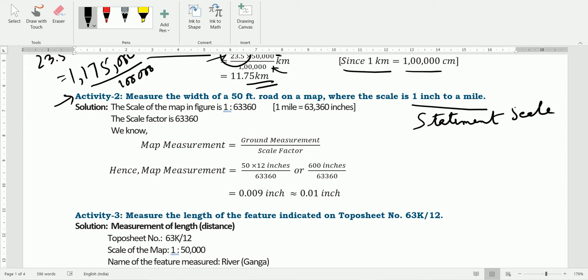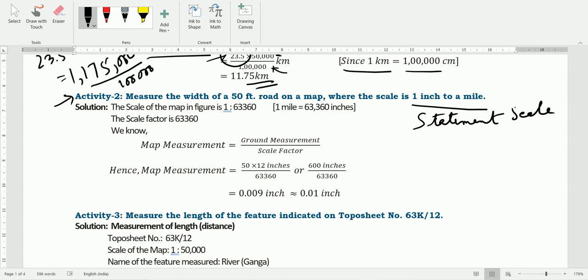What will be the width of this 50 feet road on the map? So here 50 feet is the width of the road on the ground, and what will be the width of the road on the map? And the scale of the map is 1 inch to a mile.